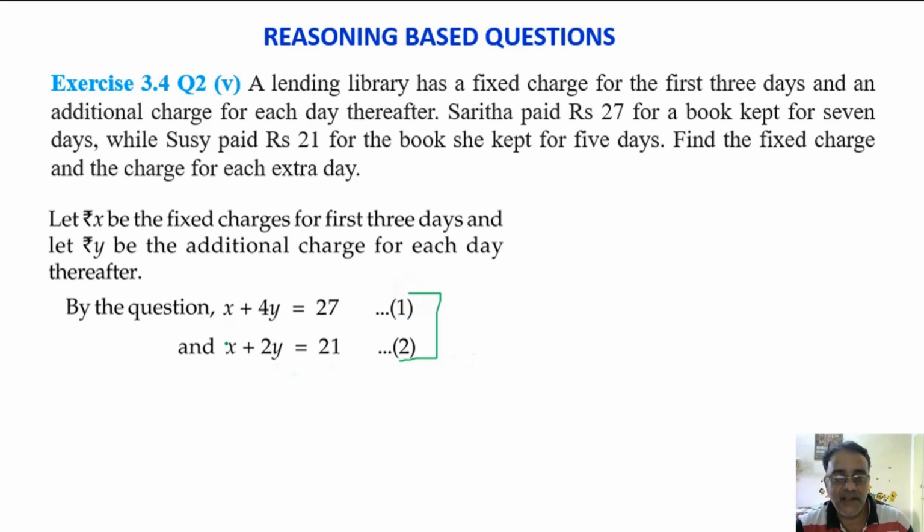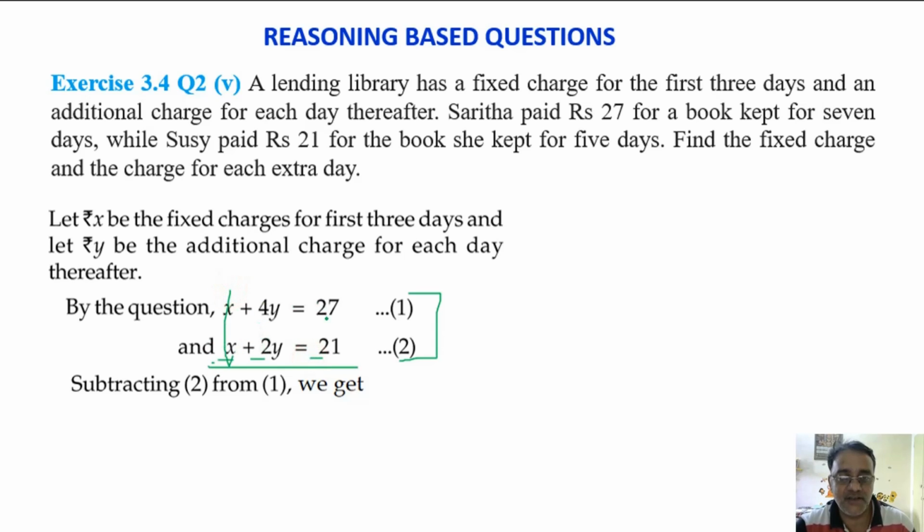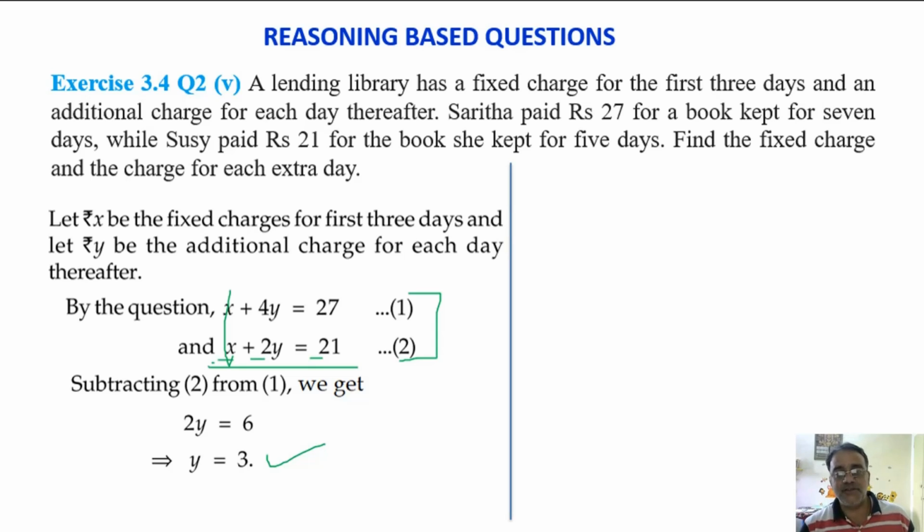Yes, sir. x, x, and the sign is also same, so we'll subtract. Okay, if you subtract, what are you going to get? See, minus minus minus, so 2y is equal to 6, so y is equal to 3. Now we'll substitute y is equal to 3 in the second equation यहाँ पे.